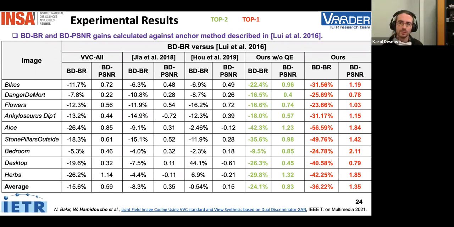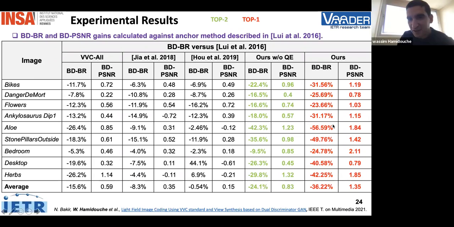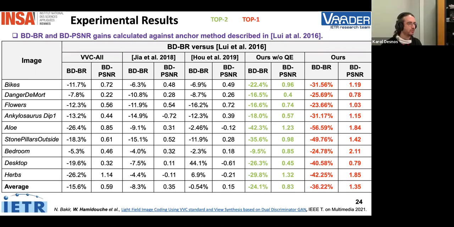For this reason, we can see here we have saving in terms of rate, but this rate does not come from saving of the rate because the rate is exactly the same. It comes from the increase in terms of quality. Okay, this is what I wanted to confirm.